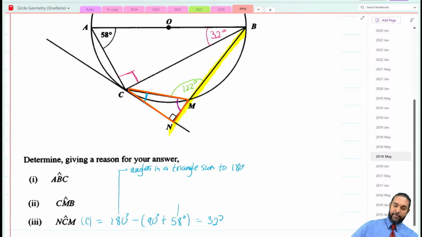The 90 was given and the 58 was the exterior angle of a cyclic quad, and so on. We won't put the whole thing because we put it already a bit earlier.